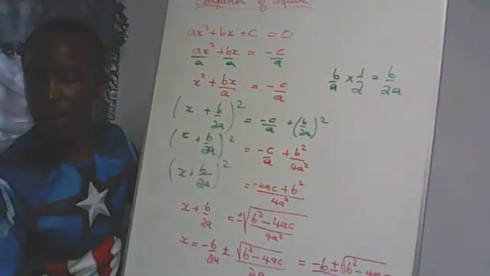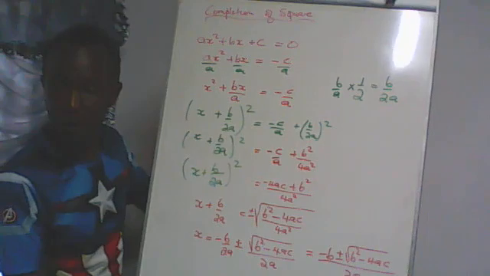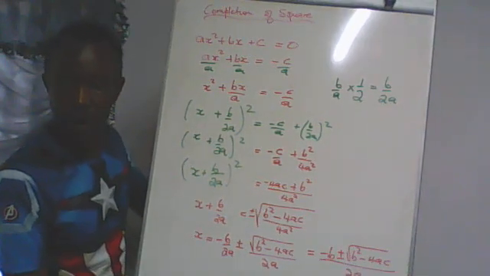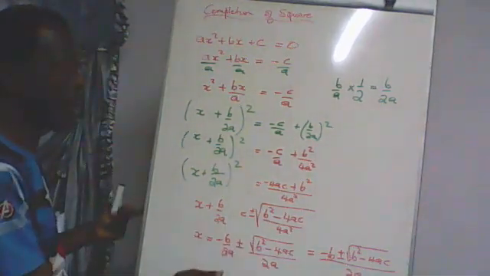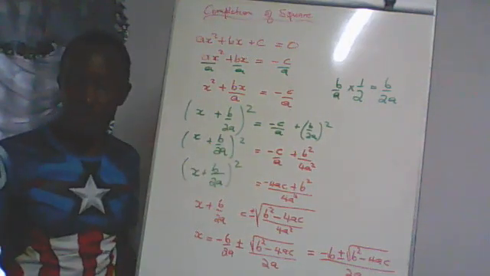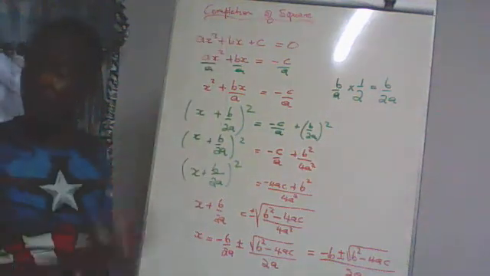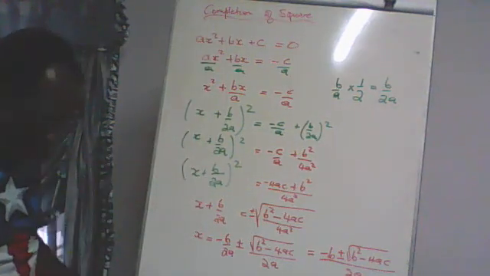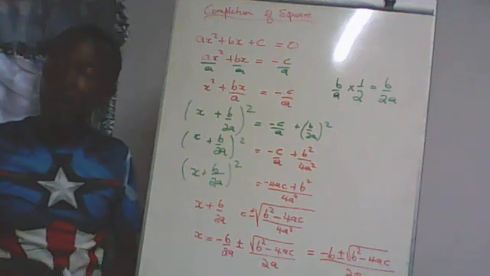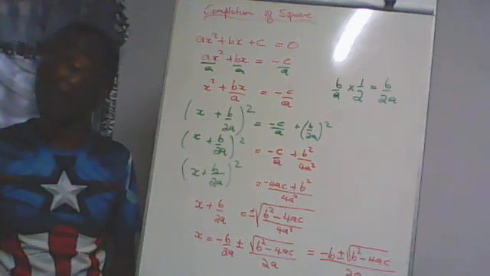Now we know that the quadratic formula will look like this. This is how you derive the quadratic formula. So guys, make sure that you know how to derive the formula, because when you get to grade 12 and even grade 11, you can be asked to derive the formula.